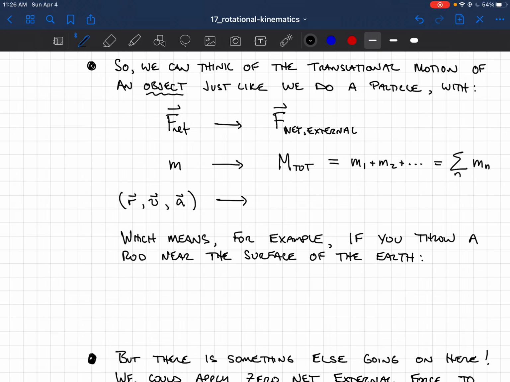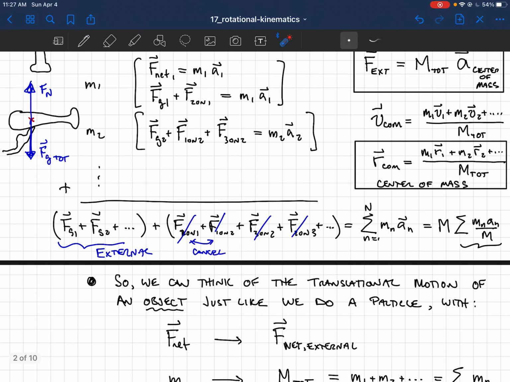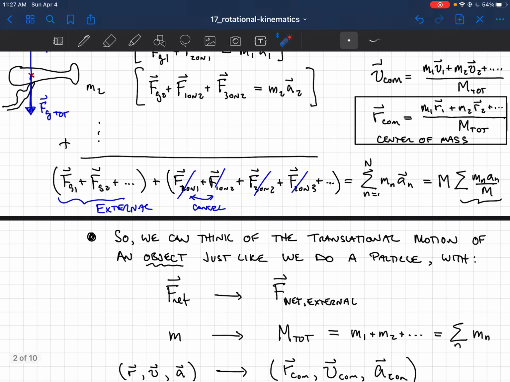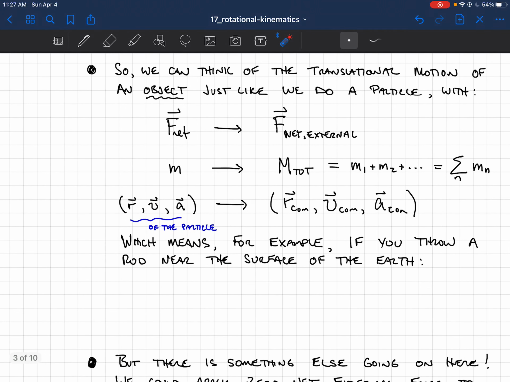And then the position, velocity, and acceleration of the particle get replaced in Newton's second law with the center of mass position, the center of mass velocity, and the center of mass acceleration. We won't really do too much with that, but you can see from the equations on the previous page, for example this equation, that one could calculate that. For any given object, you could try to figure out what the center of mass is. And with these substitutions, you can just simply apply Newton's second law for the translational motion of an object.